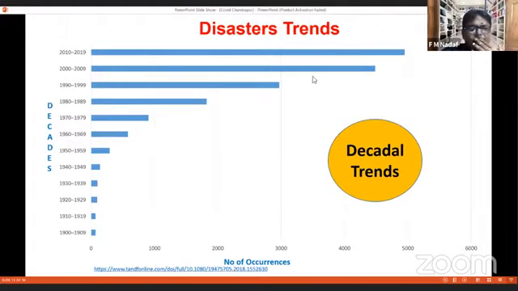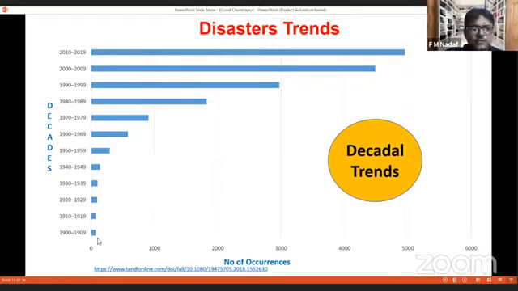Now, this history is of the last 100 years, roughly 120 years rather, starting from 1900 to 1999. This particular graph will tell us the trend in the disasters.